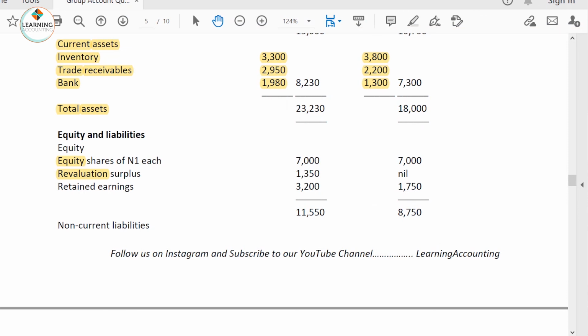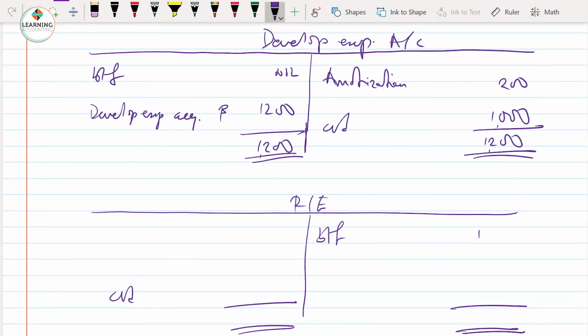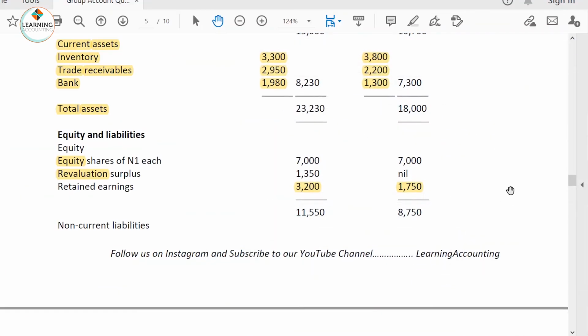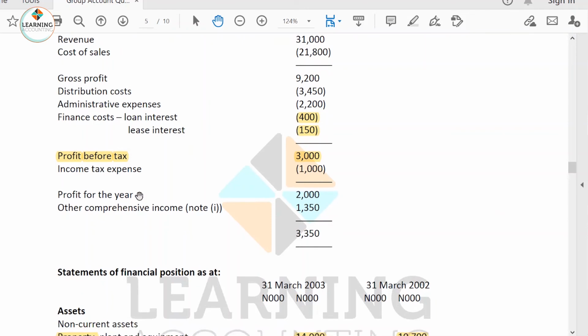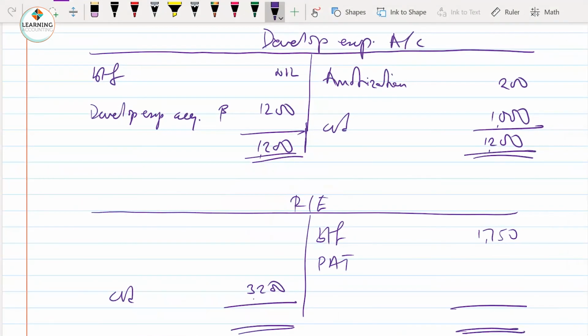We have 1,750 and 3,002. The profit after tax for the year, let's check it out. Profit for the year, 2,000. That will be 2,000 here, and this is 3,750.